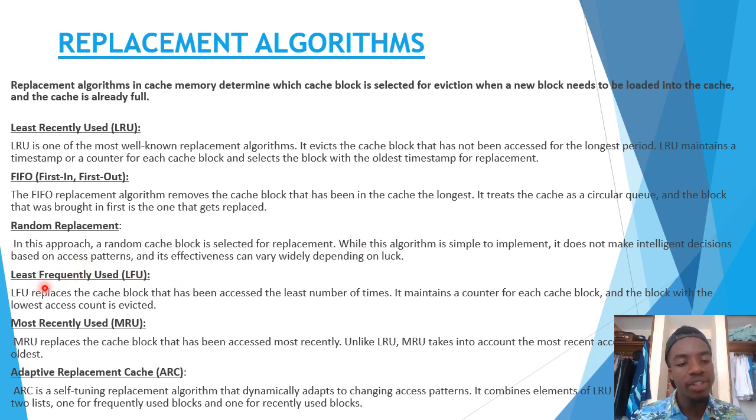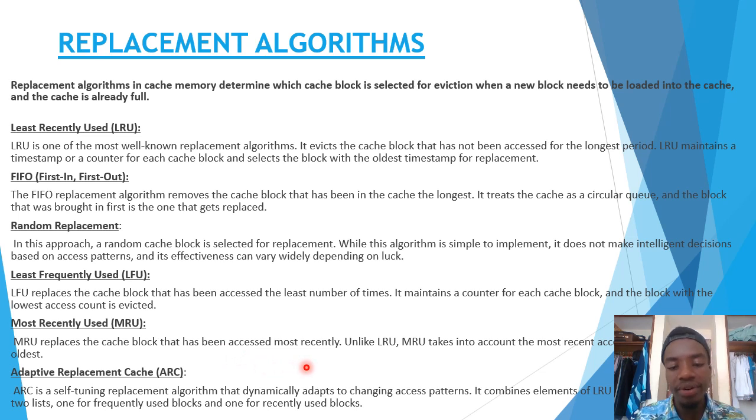Then the least frequently used replaces the cache block that is least used. It maintains a counter for each cache block, and the block with the lowest access count is evicted. Then you have the most recently used. Most recently used replaces the cache block that has been accessed most recently.